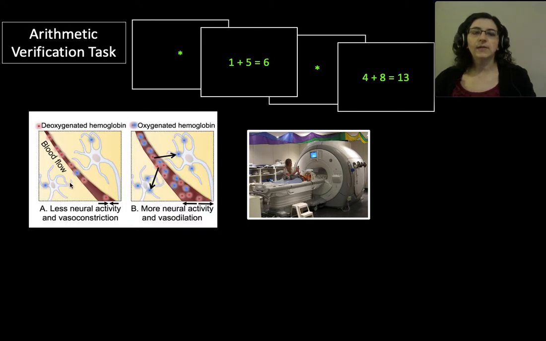And it turns out that the areas of the brain where the neurons are working the hardest are the areas where oxygenated blood is being sent. And the magnetic properties of the oxygenated versus the deoxygenated blood change the signal that's measured by the MRI machine, and that's how we can tell what parts of the brain are working hard.